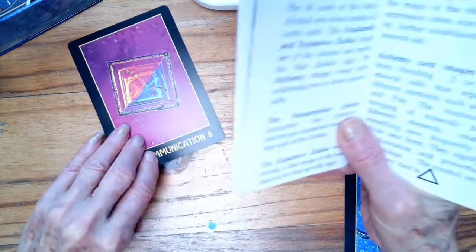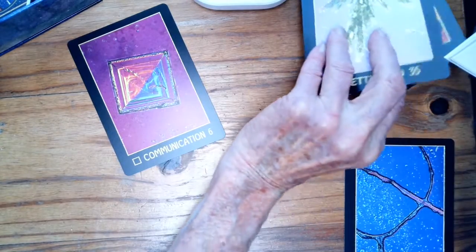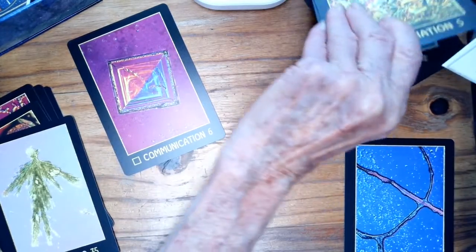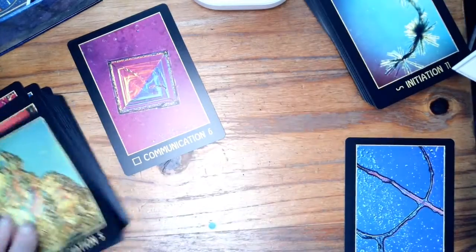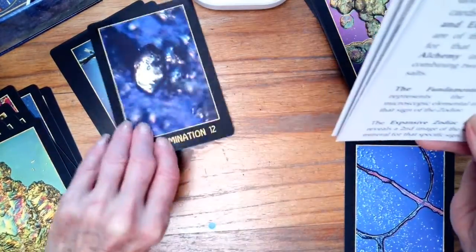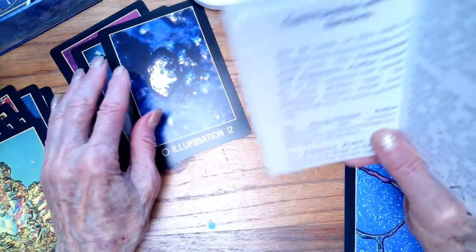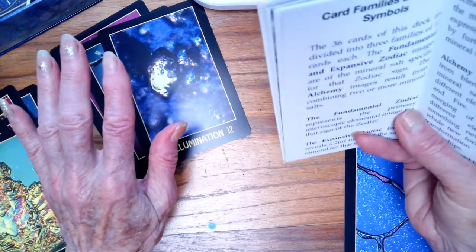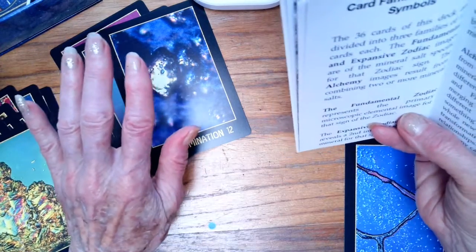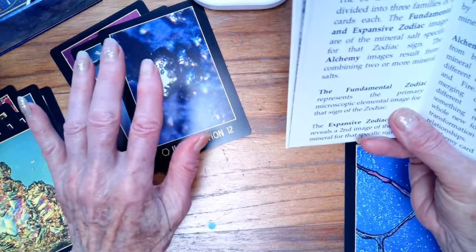There's the fundamental zodiac, which is the first 12. The fundamental zodiac are those images that were the most profound to me when I was doing the photography, the most profound for each sign of the zodiac.